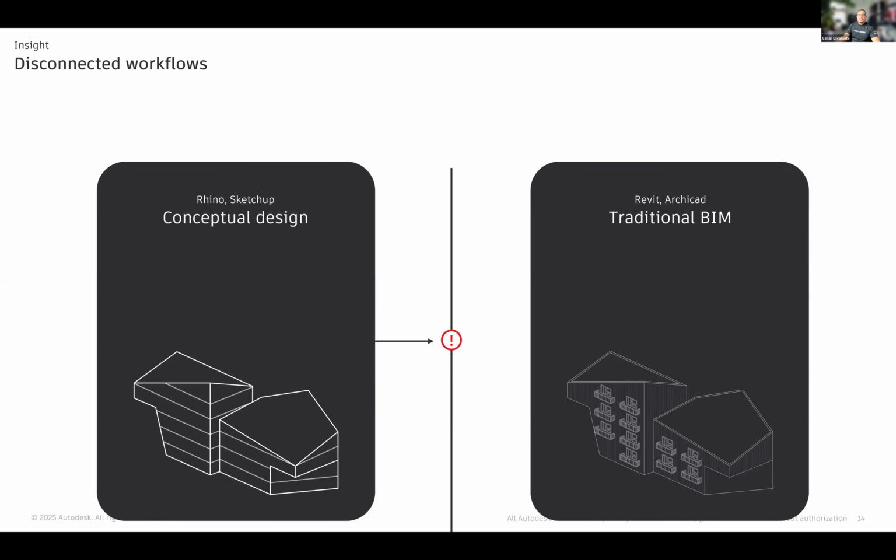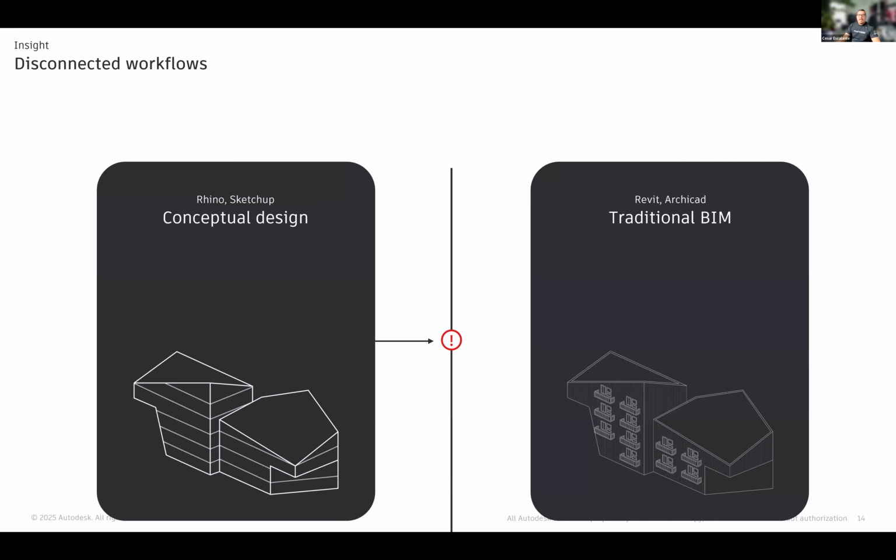Let's look at the challenges we're trying to address with building design. Many design teams start their projects using intuitive modeling tools like Rhino or SketchUp. Forma has some of those capabilities as well. But when it's time to move that into detailed design, we have to rebuild the entire model again to reach the appropriate level of detail. So that transition is not smooth.